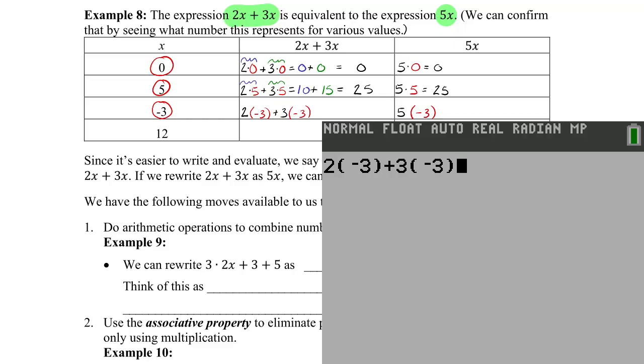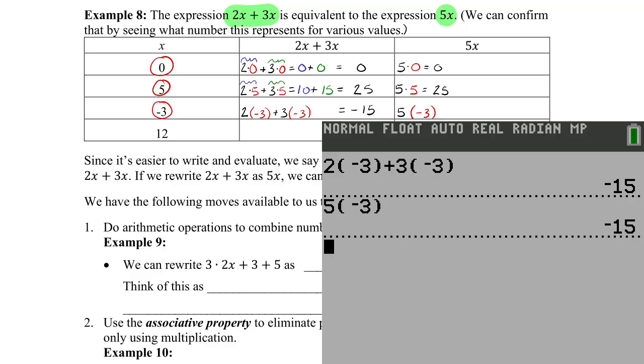And when I have a number in parentheses, it's not necessary to put in the times sign. Just like writing a number next to a variable means multiply, writing a number next to parentheses also means multiply. So 2 times negative 3 plus 3 times negative 3, according to the calculator, comes out to negative 15. For the second expression, we'll enter 5 times negative 3, which by this point should not surprise us, also comes out to negative 15.